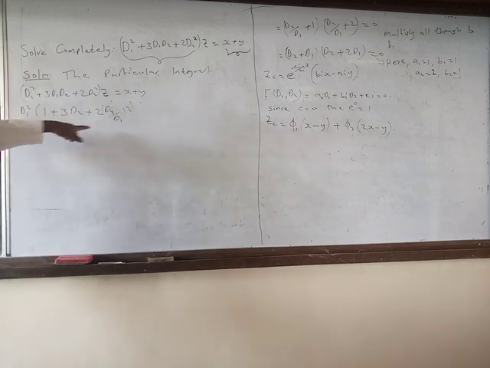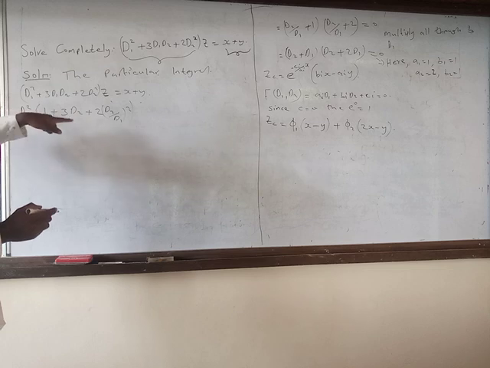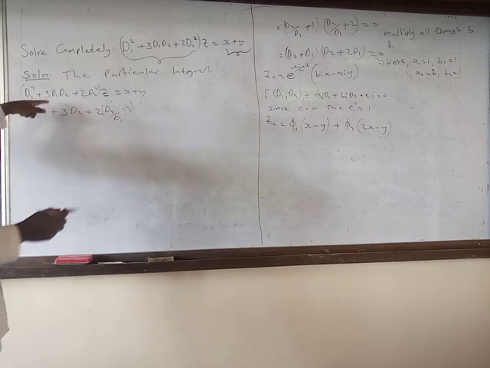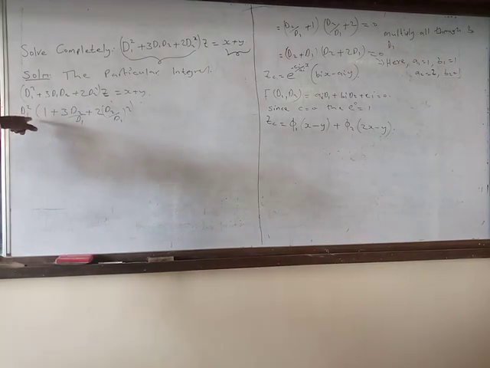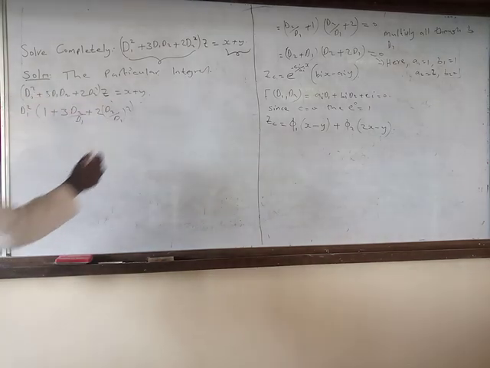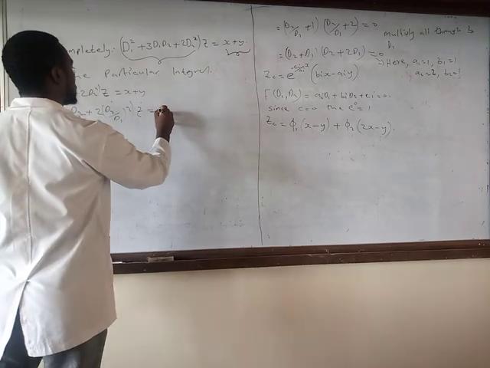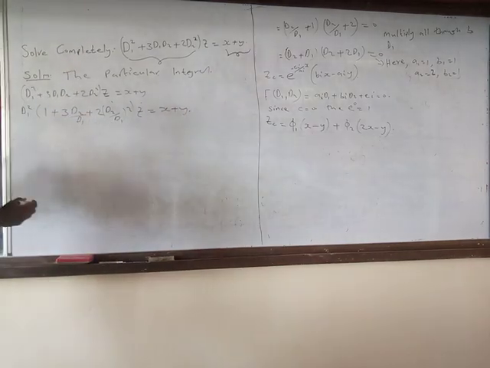If you multiply this one all through, you'll get this. If you multiply D1 squared with this, you'll get back this. Z equals x plus y.